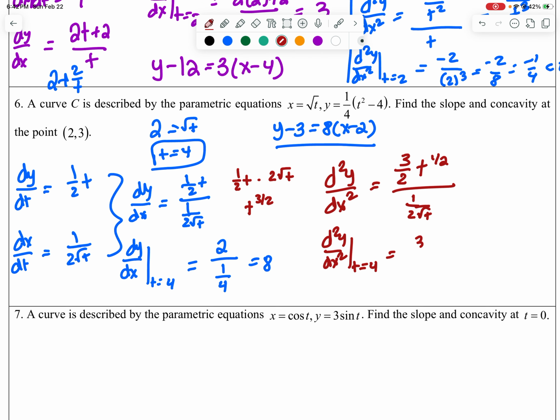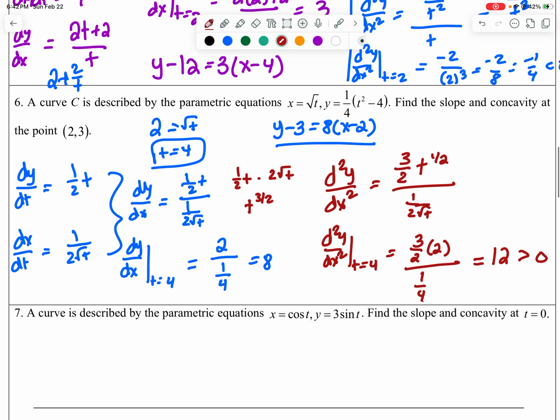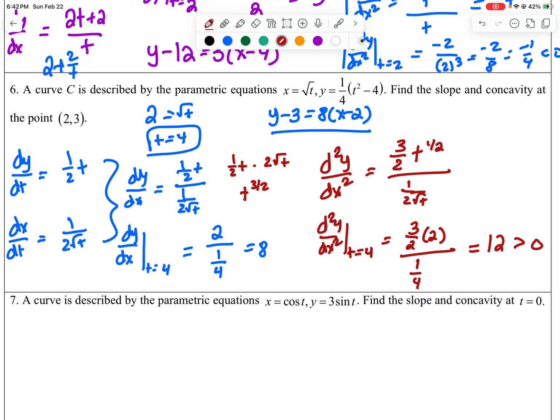Plugging in 4, I'm going to get 3/2 times 2 over 1/4. What is that? 3 over 1/4 is 12. So 12, which is greater than 0. So this tells me that we are concaving up at the point 2, 3.